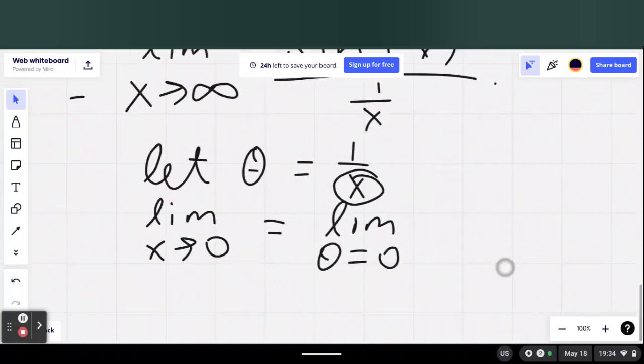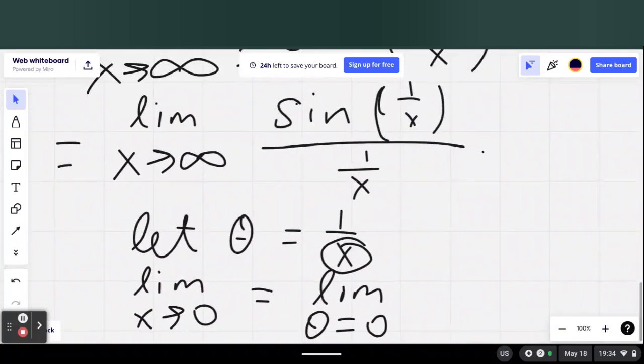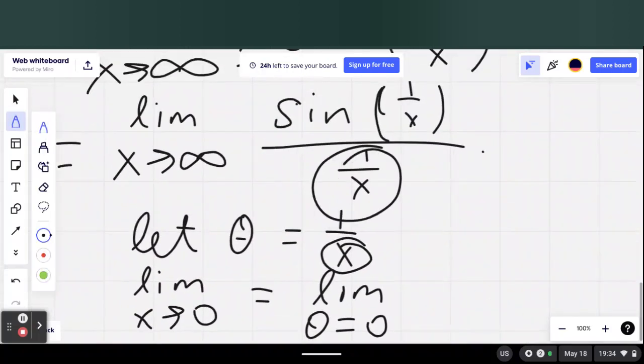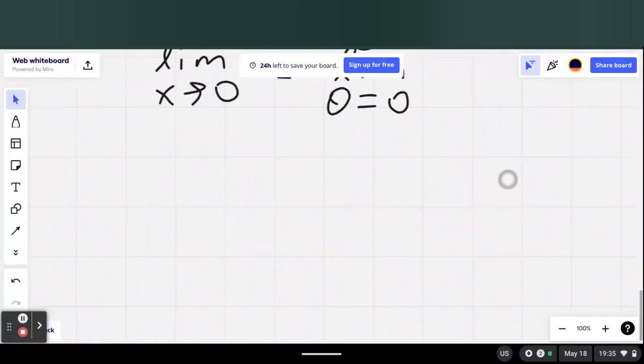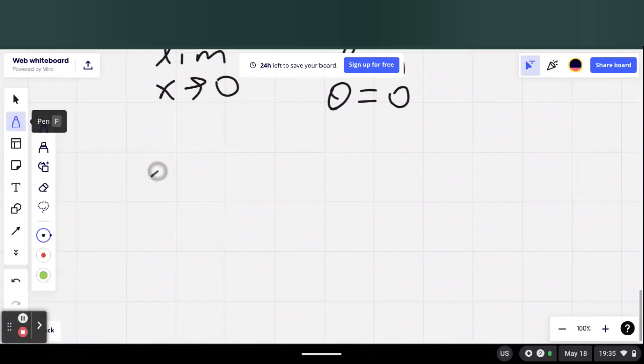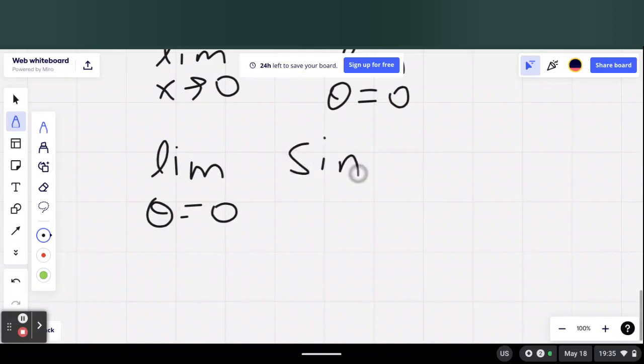Keeping in mind that 1 over x is replaced with theta, we now have the limit as theta approaches 0 of sine theta over theta.